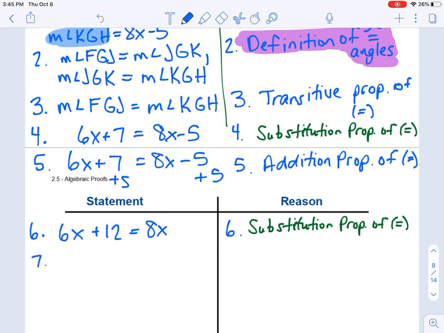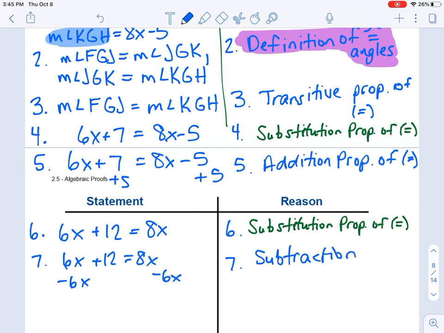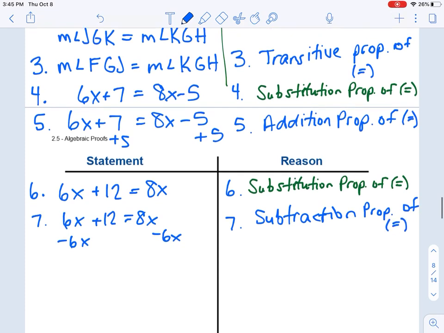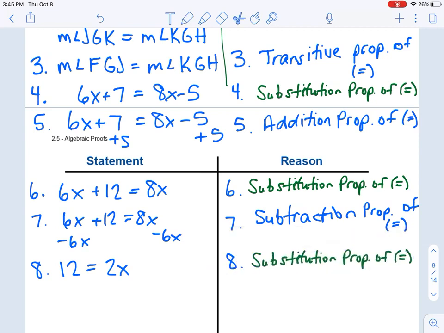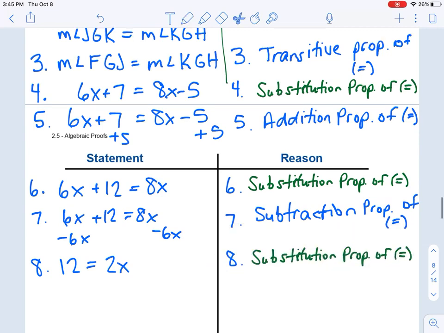I'm going to go ahead and subtract 6x on both sides. So this is my subtraction property of equality. And then I need to finish solving it out. So we have 12 equals 2x. And that is once again by our substitution property of equality, because I did some solving.